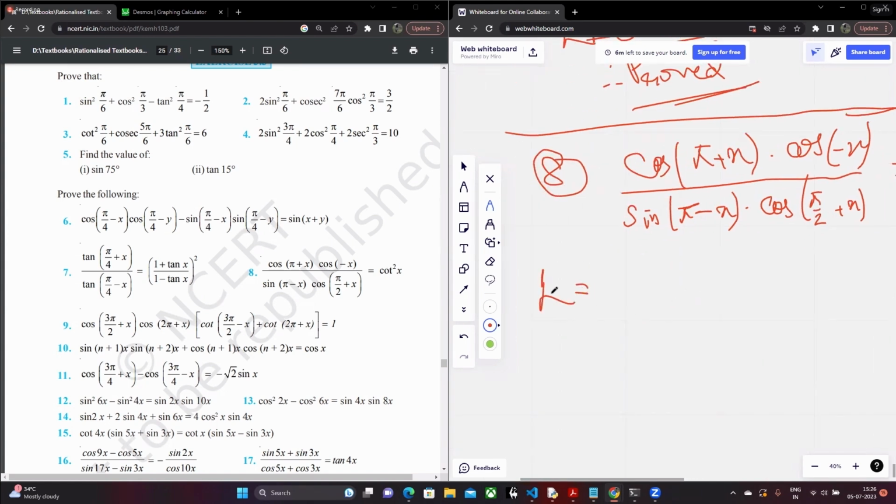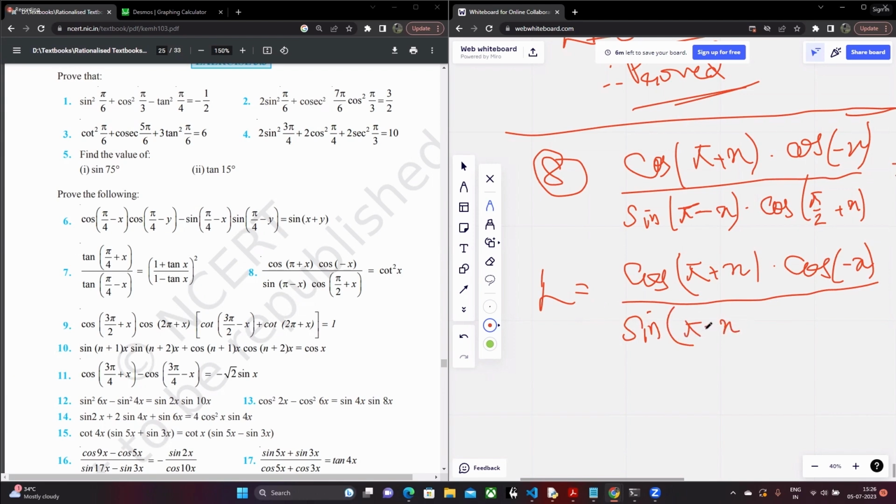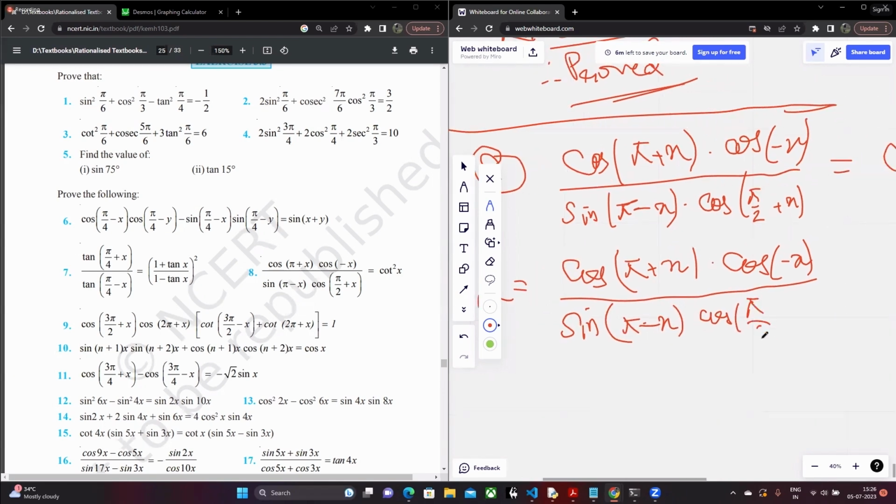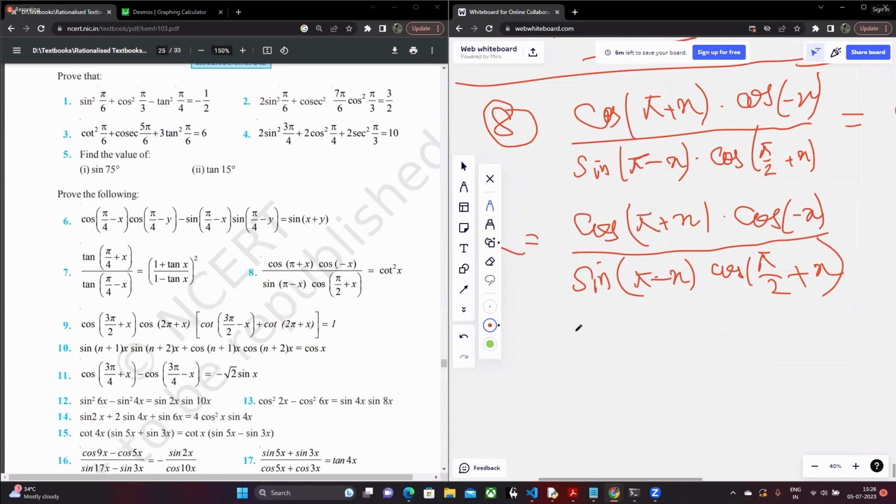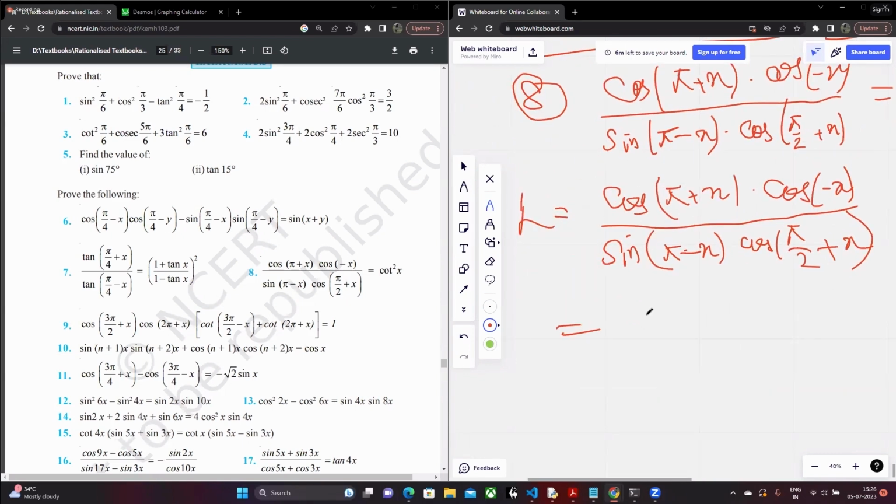So LHS is going to be equal to cos of pi plus x into cos of minus x divided by, just restating the question over here, sin of pi minus x into cos of pi by 2 plus x. This is equal to minus cos x into cos x divided by, this is going to be sin x, into, this is going to be minus sin x.